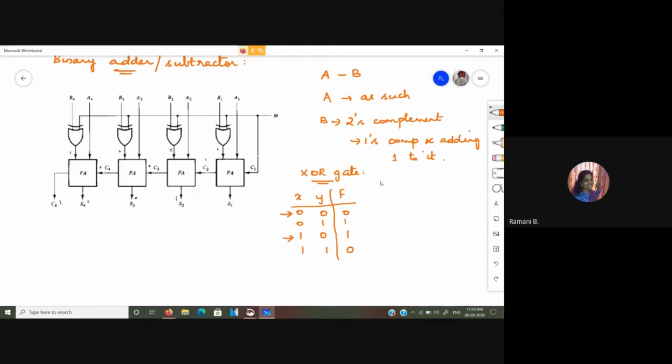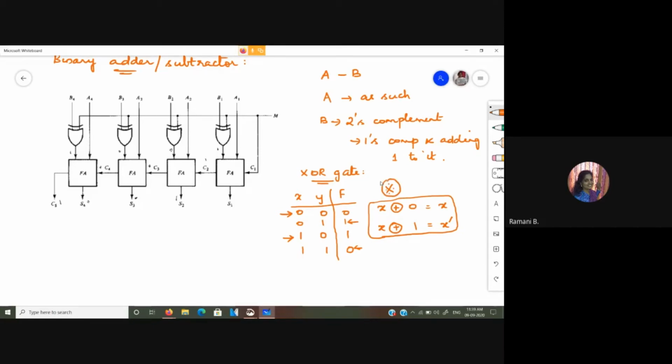If you are XORing a number with 0, you will get the same number, right? And consider these two cases. XORing a number with 1 will give you the complement, right?